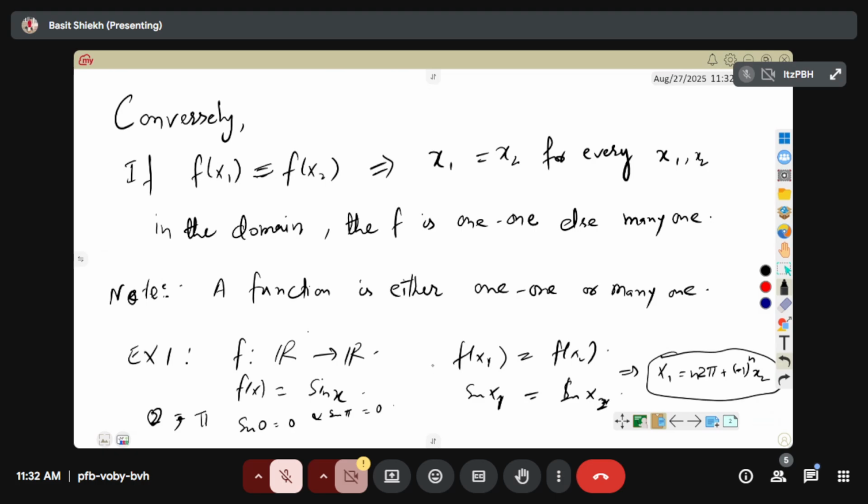Okay, I will show you how this is equal to this. This is sin x1 equals to sin x2.